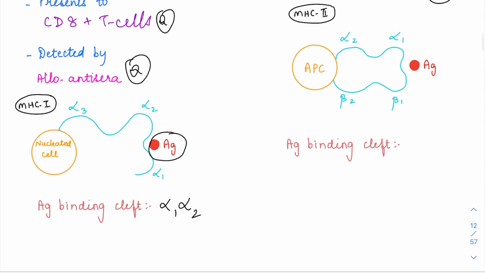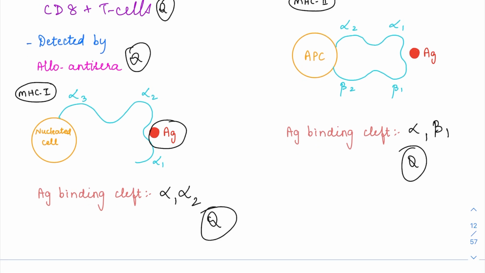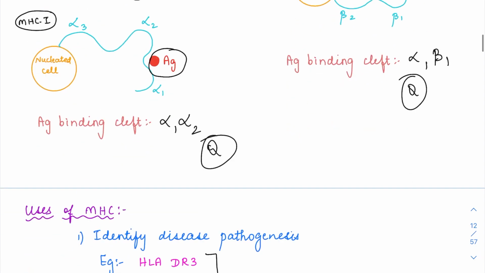While MHC2 has 4 chains, which are alpha 1, alpha 2, beta 1, and beta 2 chains. Here the antigen binds to the cleft formed between alpha 1 and beta 1. So for MHC1, the antigen binding cleft is alpha 1, alpha 2, while for MHC2 it is alpha 1 and beta 1.